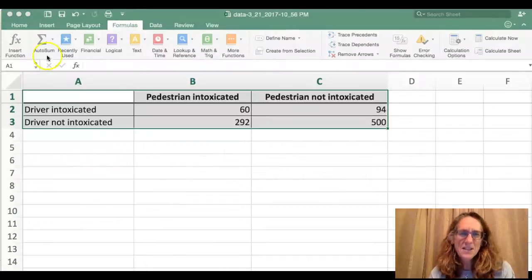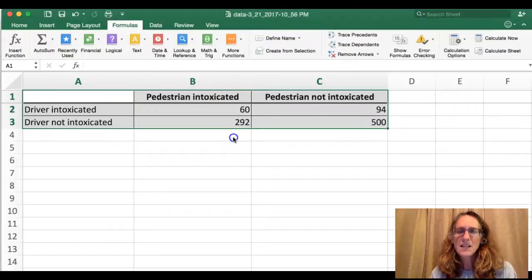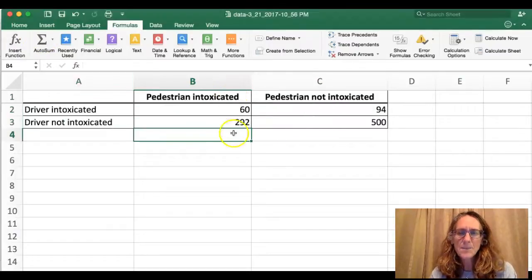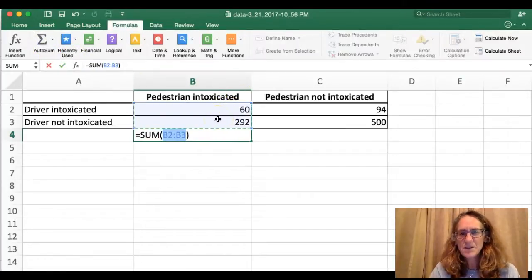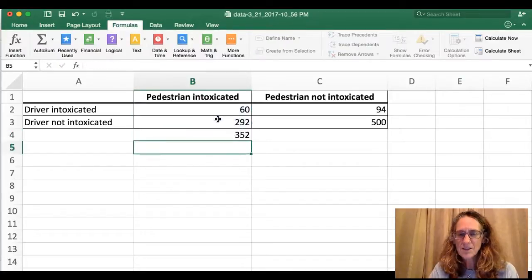Okay, so here it is in Excel, and there's a nice trick in Excel called an auto sum feature. You might remember that the capital Greek sigma means sum. If you click on the cell below a column of numbers and hit that button, it will automatically add those two numbers. And you can hit enter.